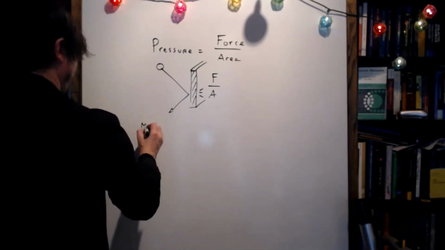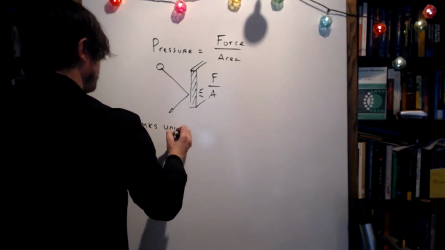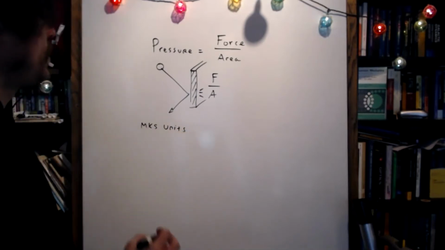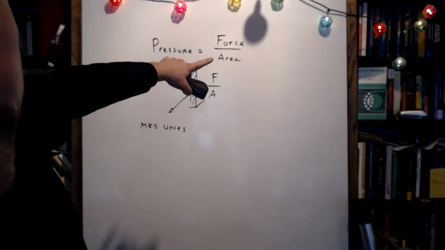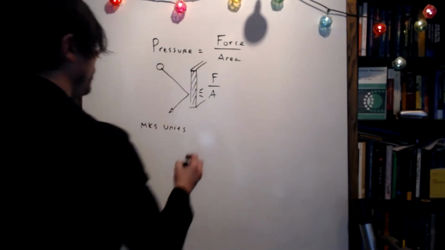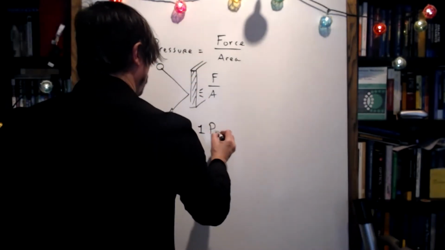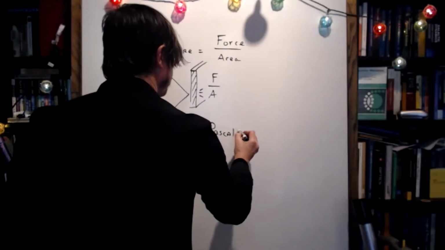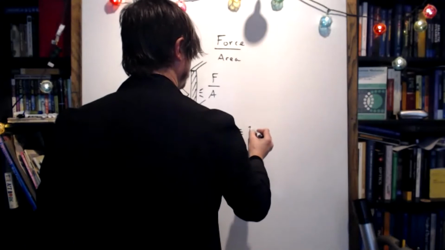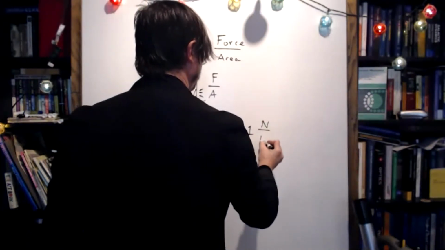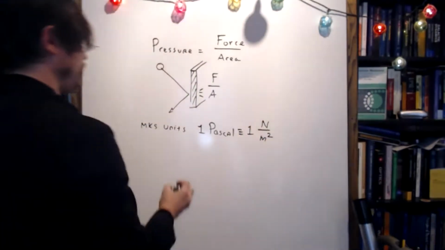In the MKS system of units, we measure forces in newtons and we measure area in square meters. And we define this as 1 Pascal. 1 Pascal is defined as 1 Newton per meter squared.